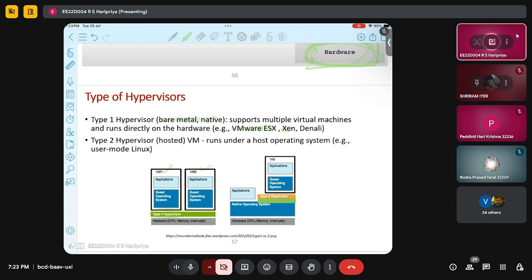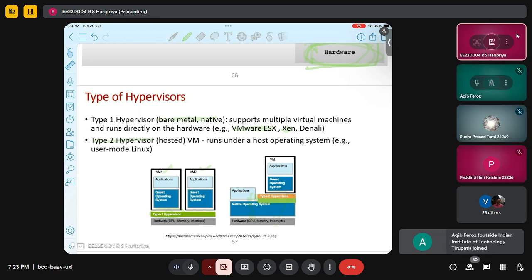Okay, let's see. In the Type 2 hypervisor too, there are some instructions which will be directly accessed by the operating system and some through the hypervisor.